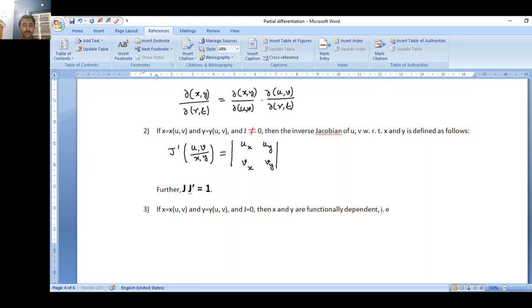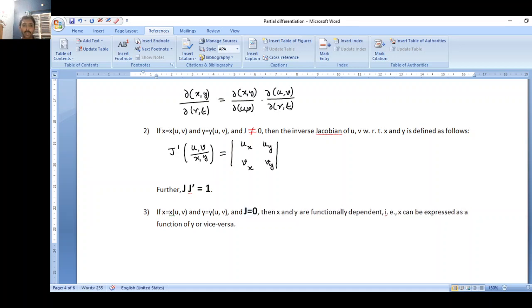That means x can be expressed as a function of y, or vice versa. What do you mean by vice versa? You can have x to be a function of y, or you can have y to be a function of x, and this happens when the value of J is going to be 0.